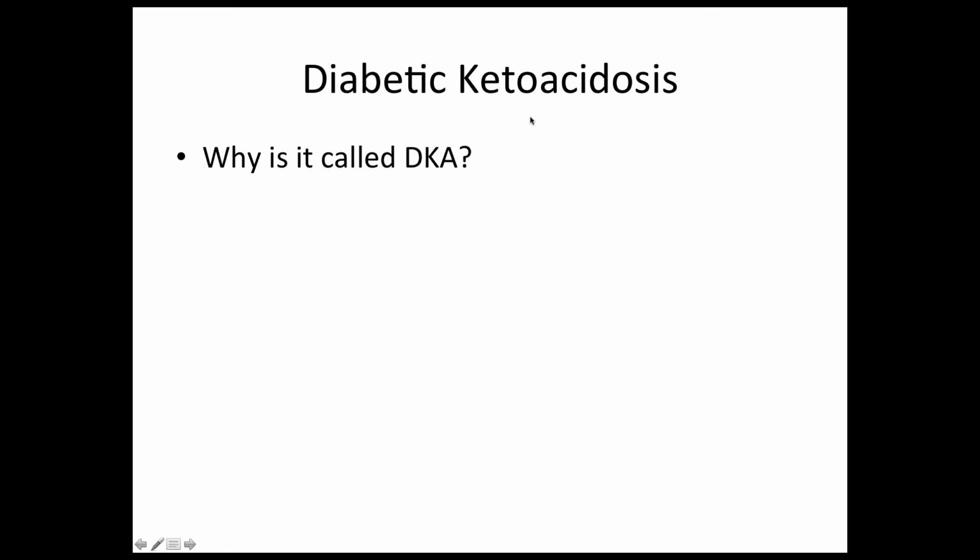Let's just get going. So why is it called DKA? Jeff, why is it called DKA? Because then you know that it involves a patient with diabetes, and then it involves ketones and a metabolic acidosis. Yeah, and why do you get a metabolic acidosis? Because the pH in your body will be less than 7.3.